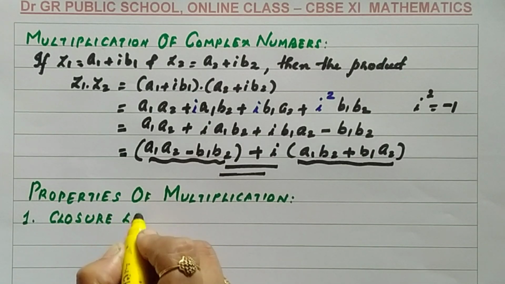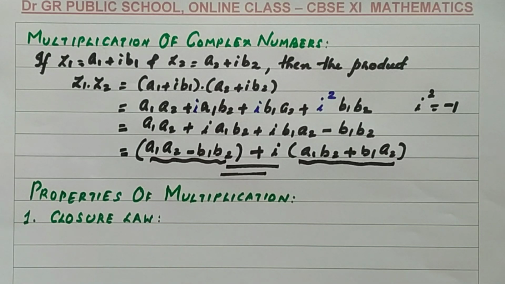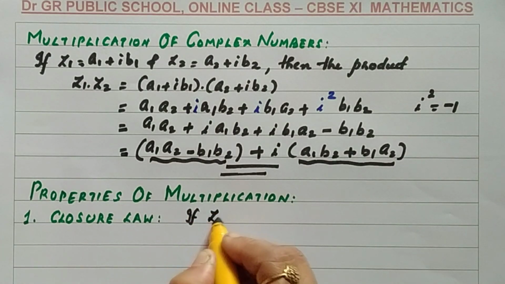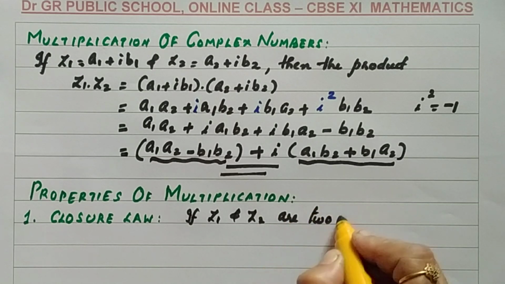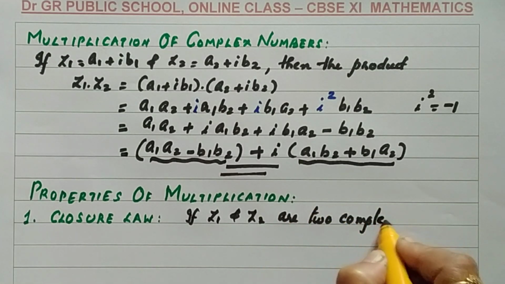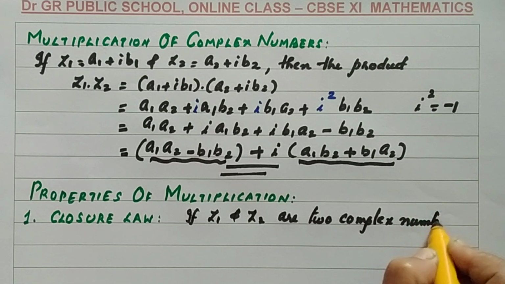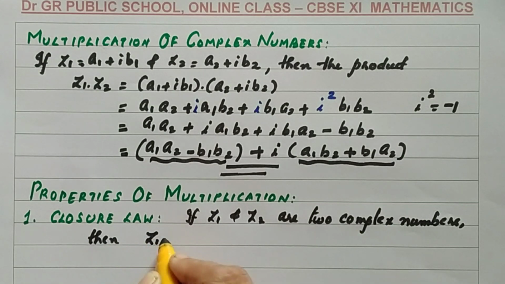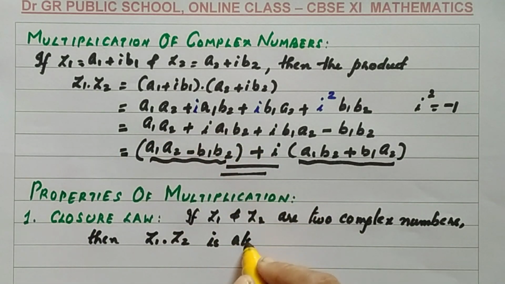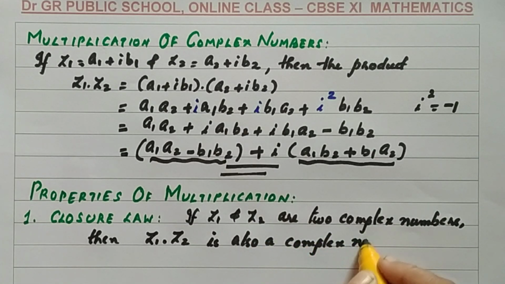If Z1 and Z2 are two complex numbers, then Z1 into Z2 is also a complex number. That is the closure law.